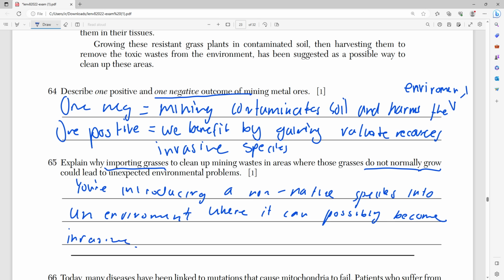Or you could have said that once you introduce it, the grasses would compete with native plants, which is kind of the same thing as an invasive species, right?